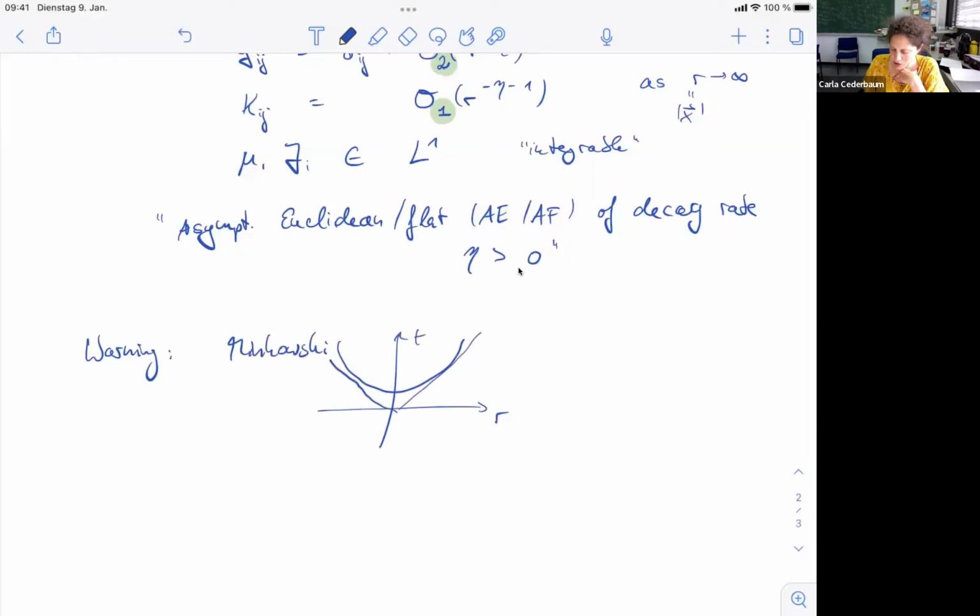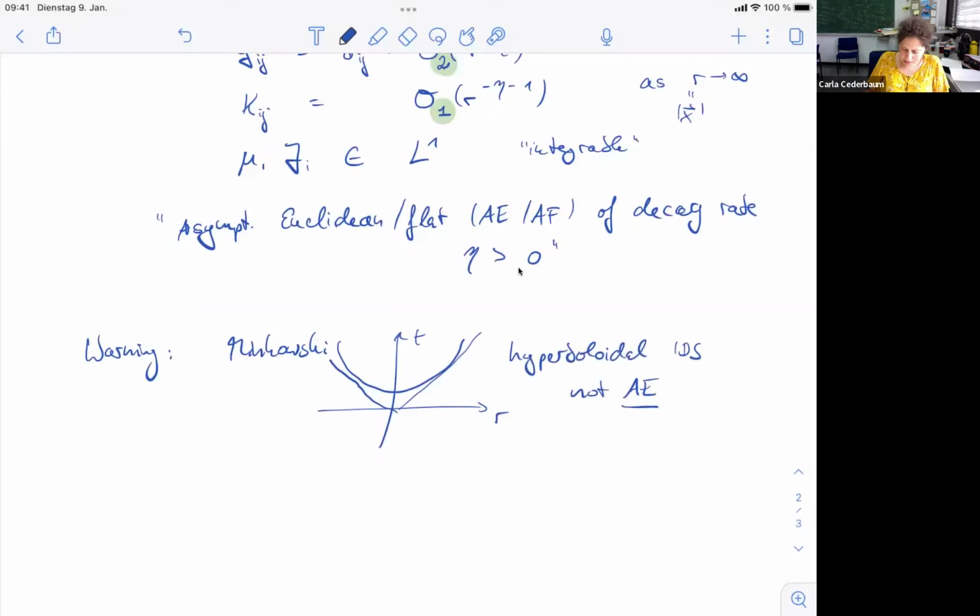That one will not be asymptotically Euclidean. So this is a perfectly fine hyperboloidal initial data set, but it's not asymptotically Euclidean.